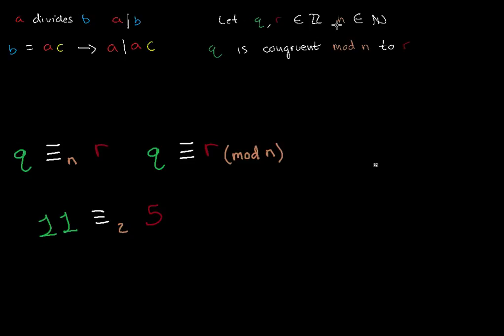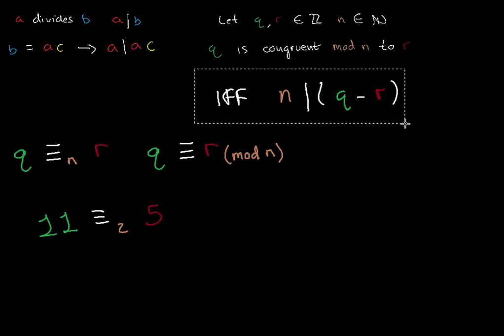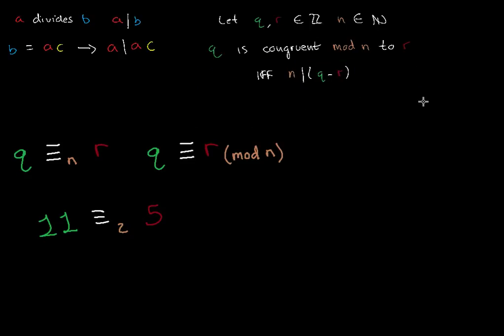Let Q and R be integers and let n be any number. Q is congruent mod n to R if and only if n divides Q minus R. Now that completes our theorem, I guess. At least a statement.